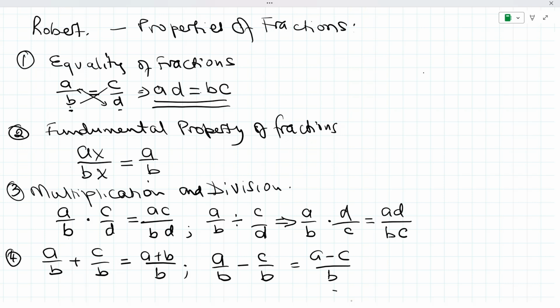So that's subtraction, that's addition. And yep, those are the four properties of fractions that you have to keep in mind when solving future algebraic equations.